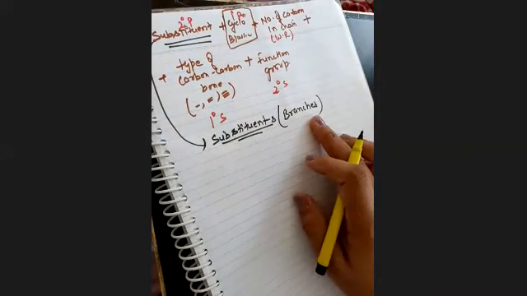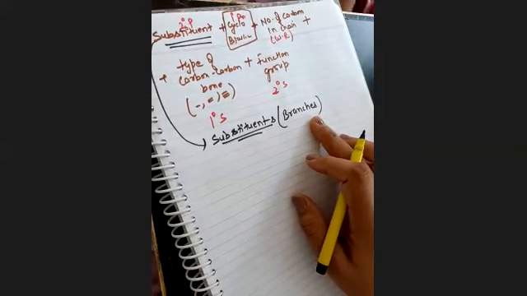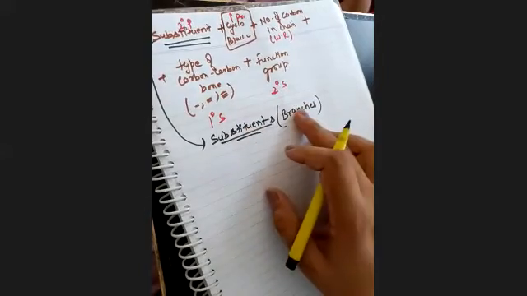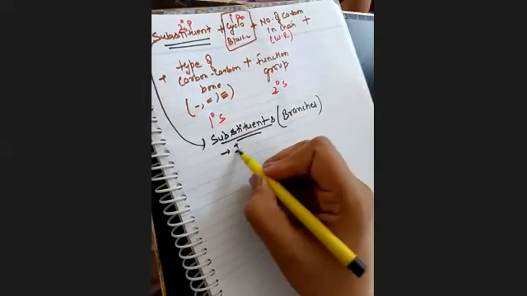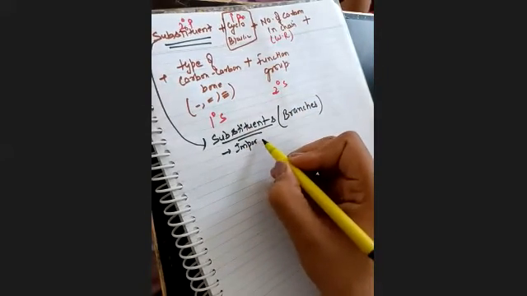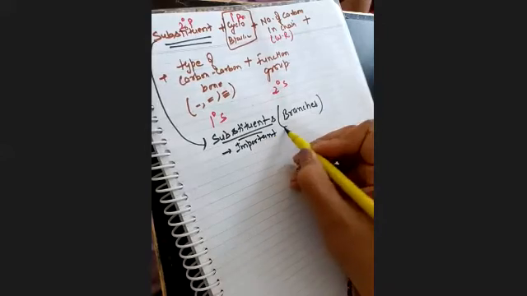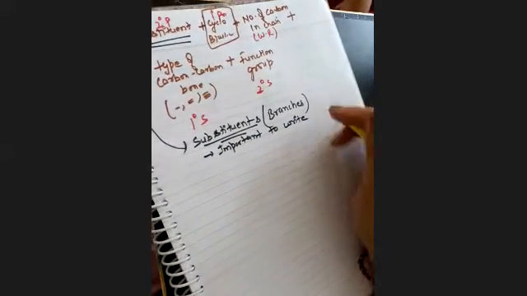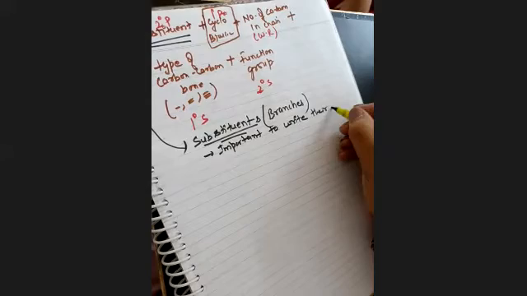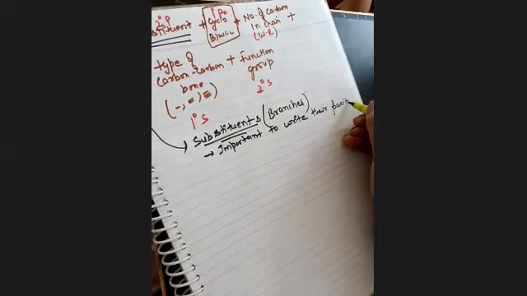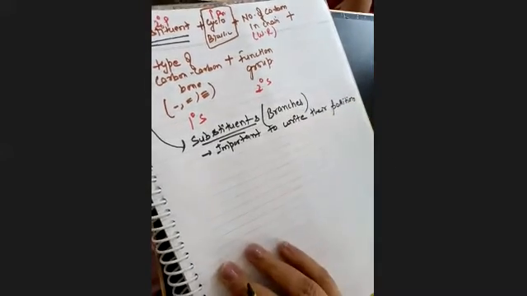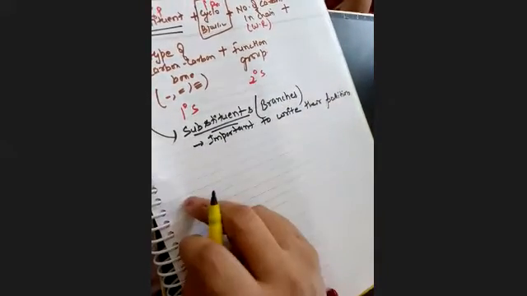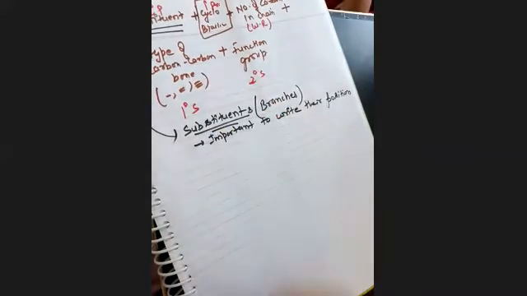So when we say substituent, it means branches. When we do nomenclature, it is very important to write their position. Position means on which carbon the substituent is attached.